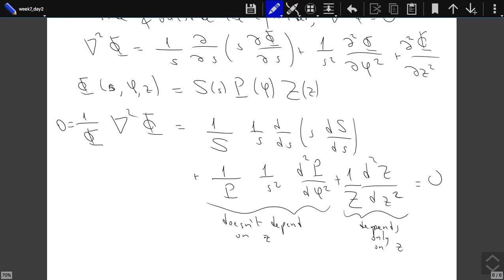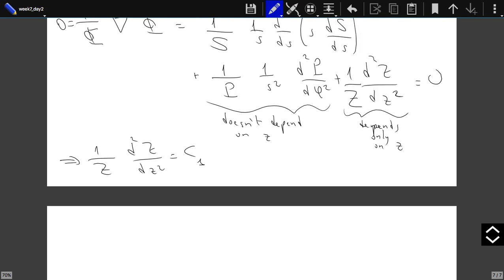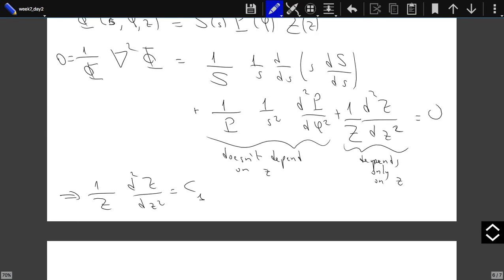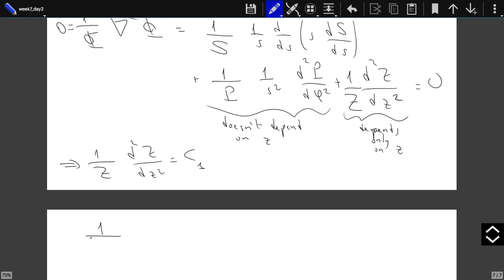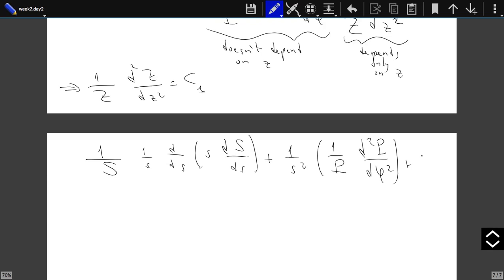So this implies that 1 over Z, d squared Z by dz squared is some constant. Let's just call it C1. I don't know what that constant is yet, but it should be a constant. So what remains? 1 over capital S, 1 over small s, d by ds, s dS by ds, plus 1 over s squared, 1 over P, the second derivative of P with respect to phi squared, plus C1. This should be equal to 0.